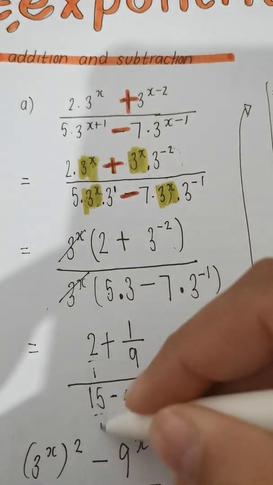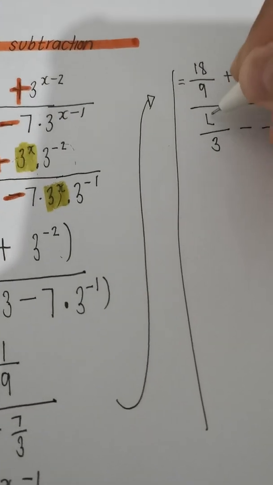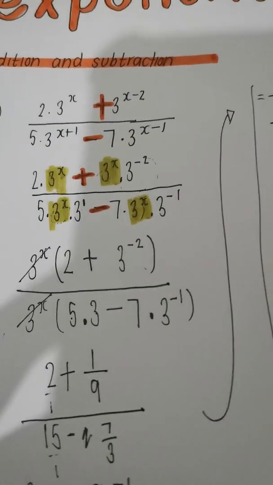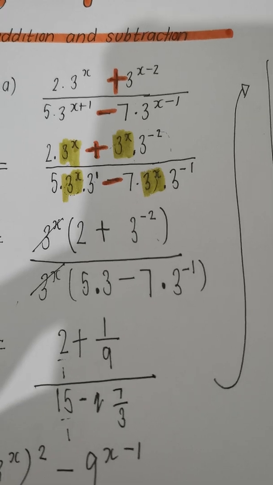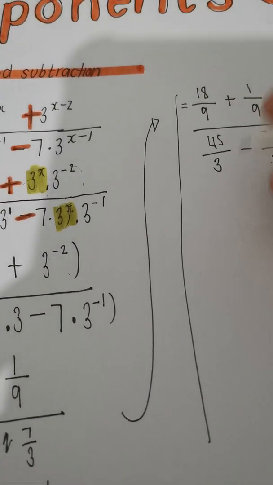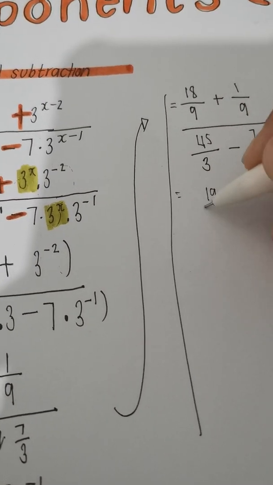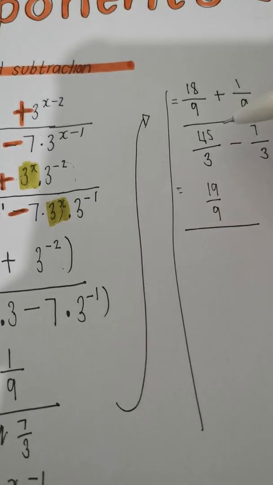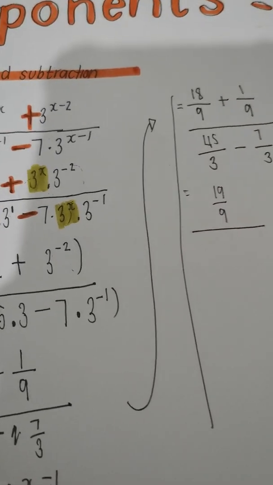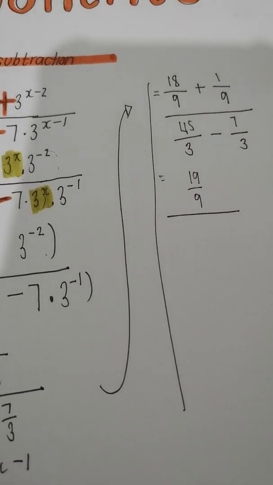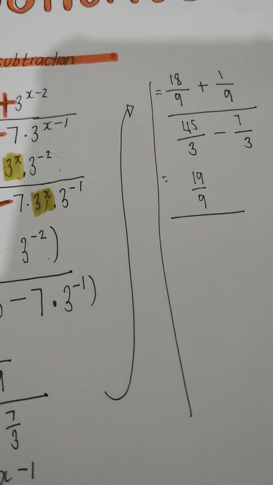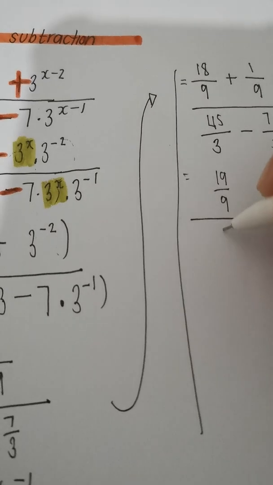This one was over 1, so multiply by 3, so 45 minus 7. Let's work this out. 18 plus 1 gives me 19 over 9 over 45 minus 7. What is that? My brain can't think right now. 38, sorry, brain couldn't think.